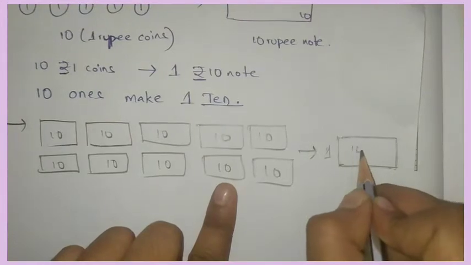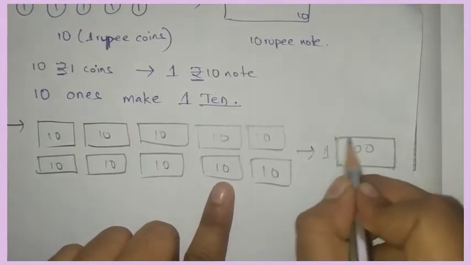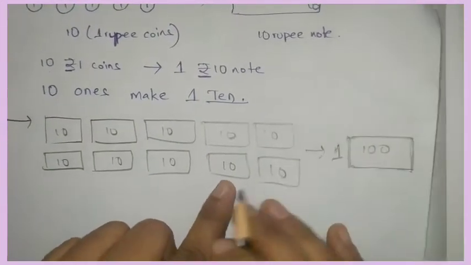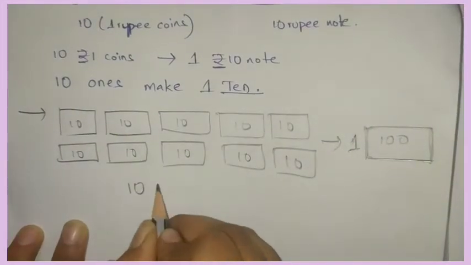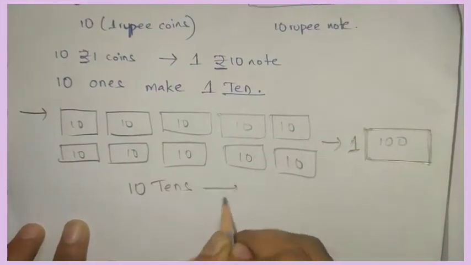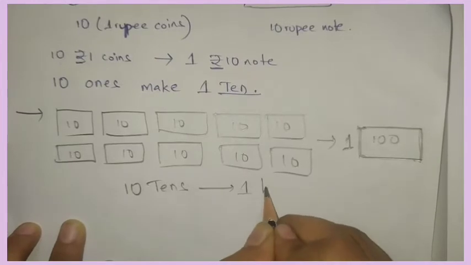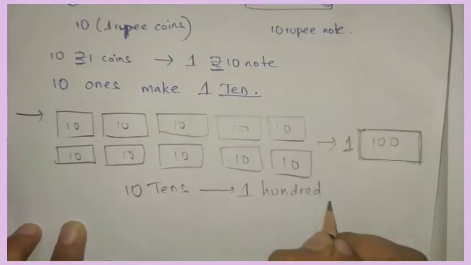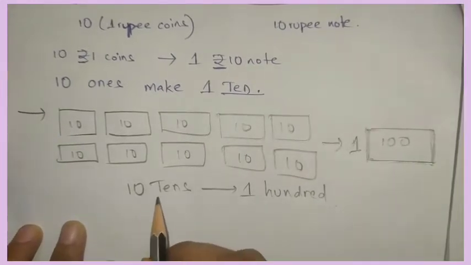He will give a 100 rupee note, only one. This means 10 tens make 100.